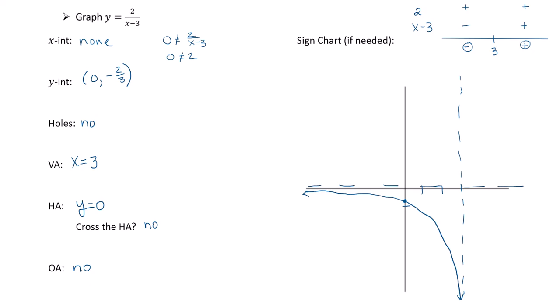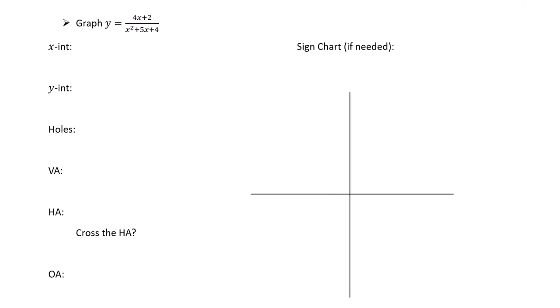The sign chart says to the left of 3, our graph is always negative. It's always below the x-axis, and I can see that here. On the right side, it says we're always above the x-axis. So that means that our graph must do something like this rather than something like this. And we have a good sketch of our graph here.